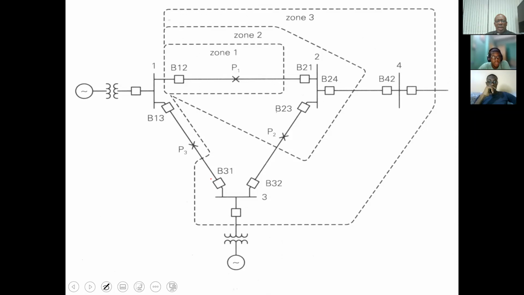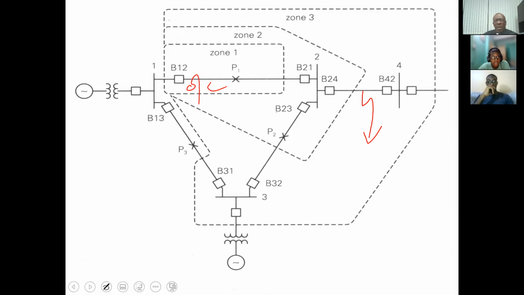And I'm using it to protect the line 1, 2. And let's say I had a fault between 2 and 4. So we had a fault over here, but my overcurrent relay is here, okay?